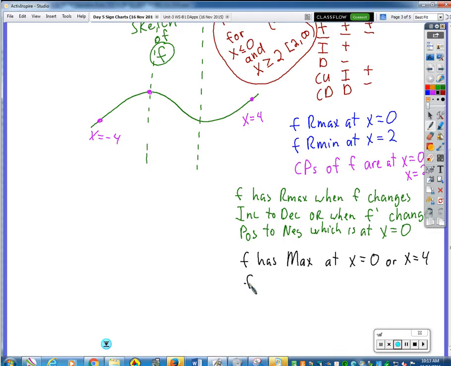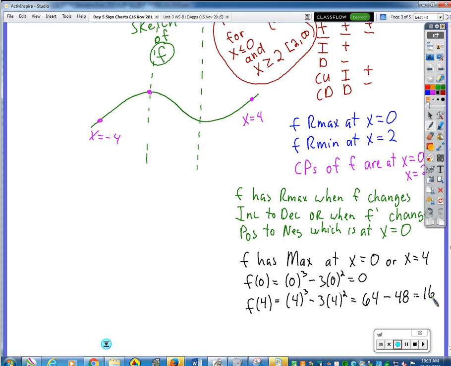So I go find f of 0, which will be 0 cubed, subtract 3 multiplied by 0 squared, which is 0, and then go find f of 4, which will be 4 cubed, subtract 3 multiplied by 4 squared, that's 64, subtract, let's see, 16 times 3 is 48. 16. I have found the highest y coordinate on f in the interval specified.